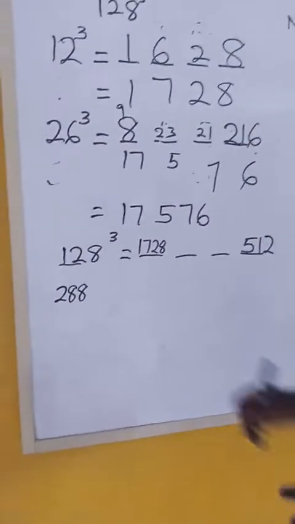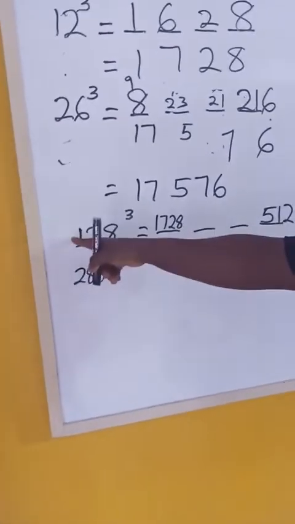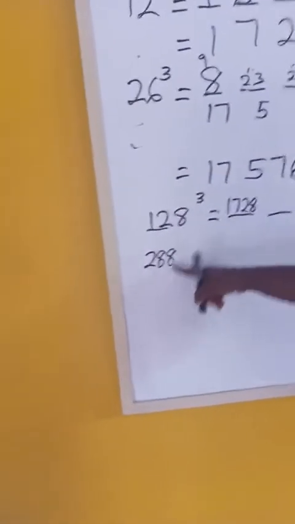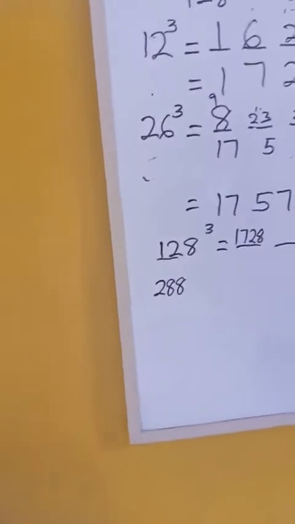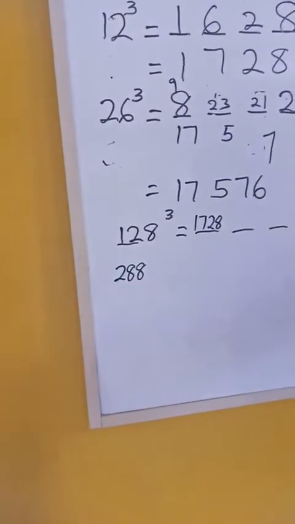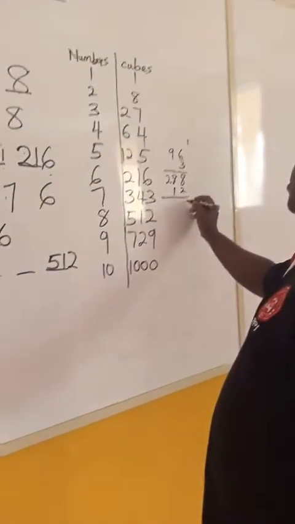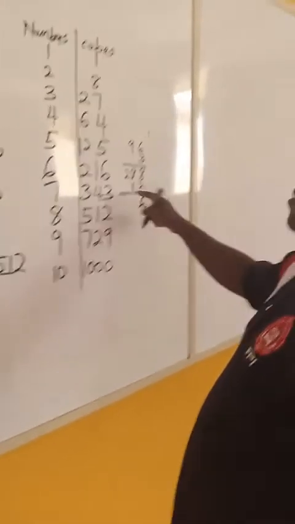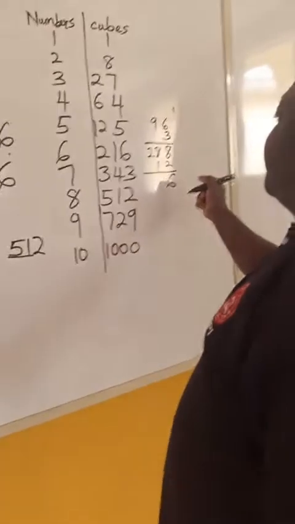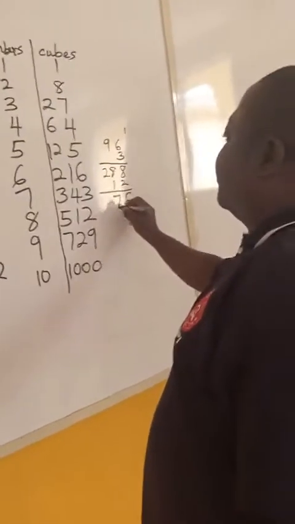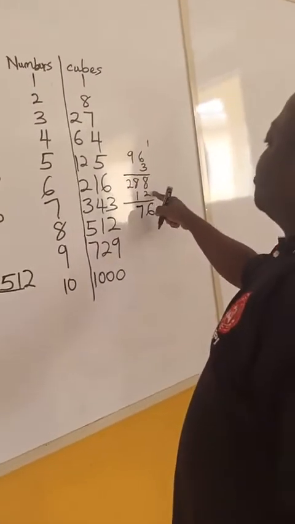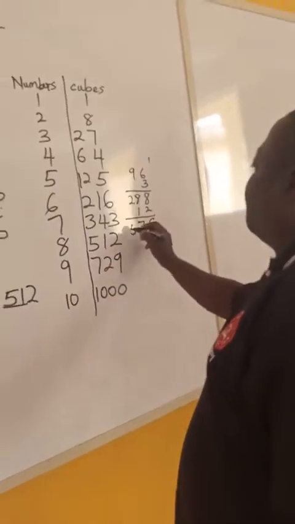So we are writing 288 here. So now this 288 is going to be multiplied by 12 and at the same time by 8. Now let's multiply it by 12 first. 288 times 12. 8 times 2, 16. 6 remainder 1. 8 times 2, 16. Plus 1, 17. 7 remainder 1. 2 times 2, 4. Plus 1, 5.